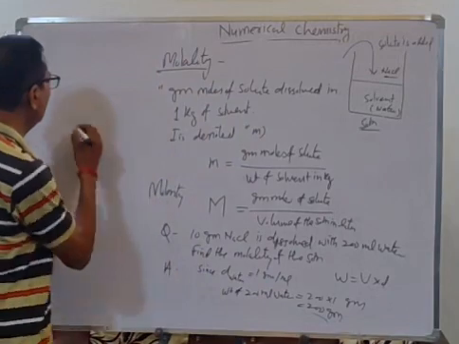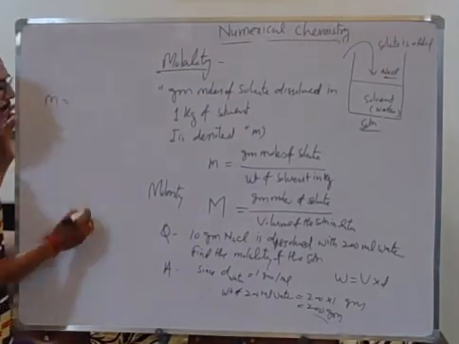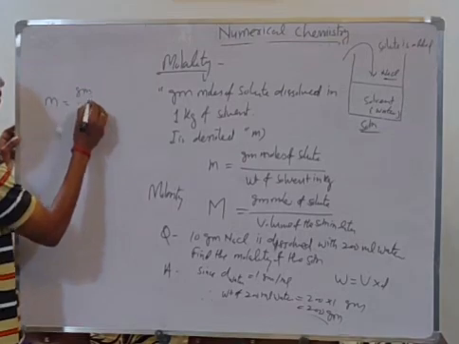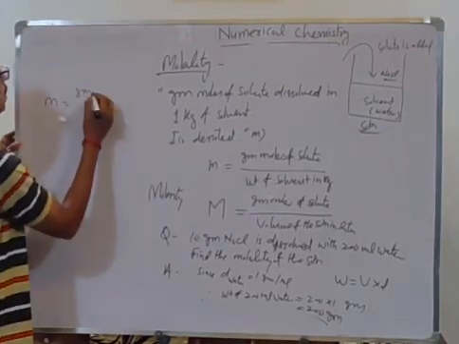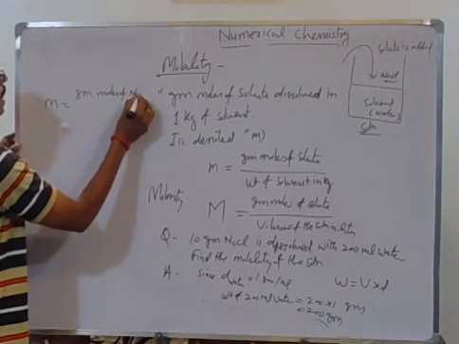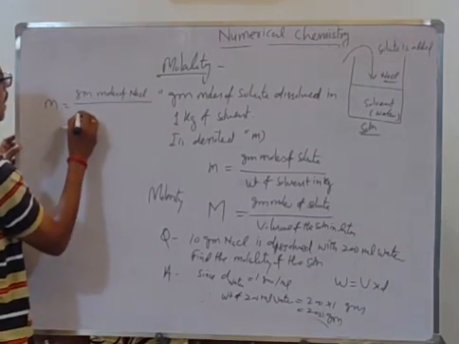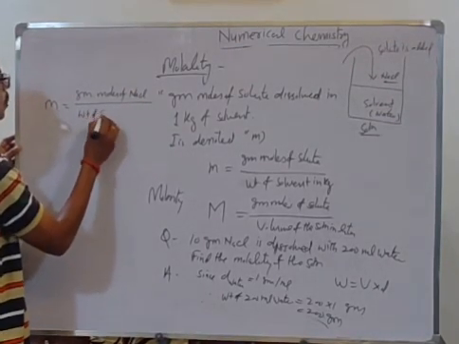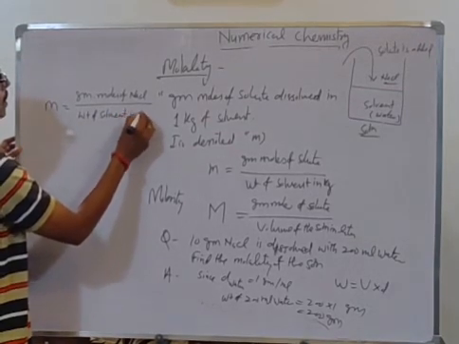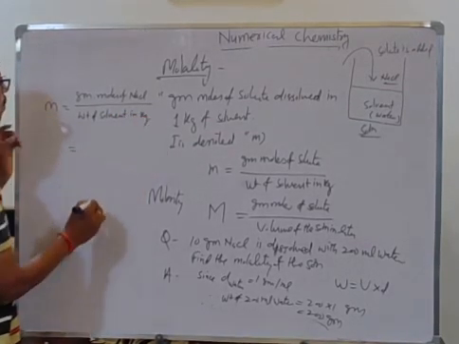So the molality will be gram moles of NaCl, that means gram moles of solute, divided by weight of solvent, that is water, in kg. So put the value.